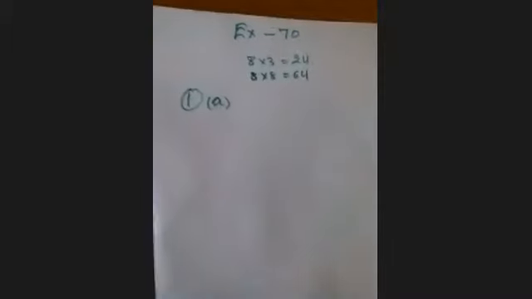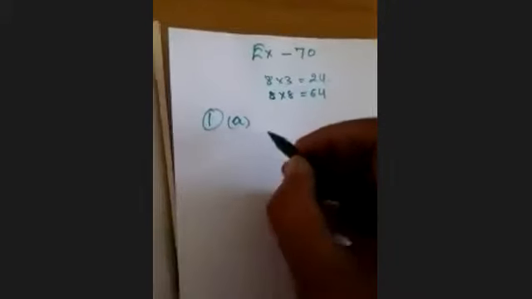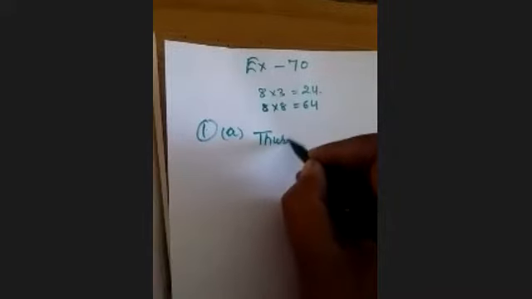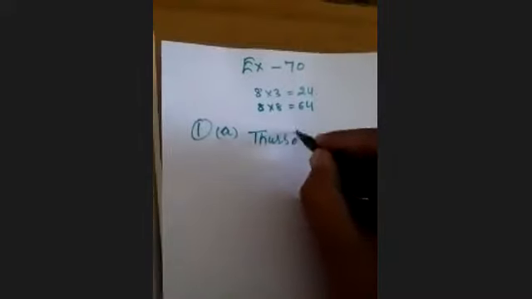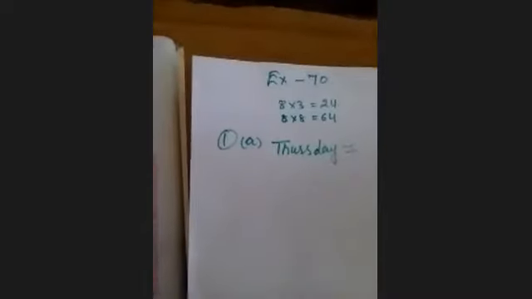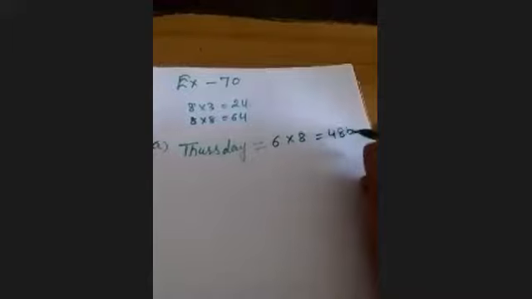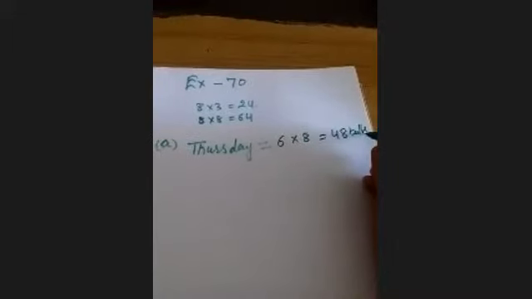First, we will see how many bulbs were sold on Thursday. On Thursday, we have 1, 2, 3, 4, 5, 6. 6 into 8, 48 bulbs. On Thursday, 48 bulbs were sold.